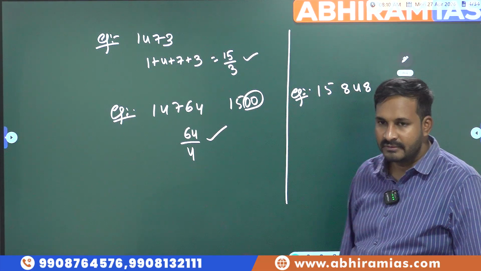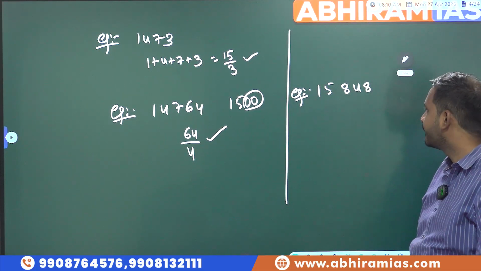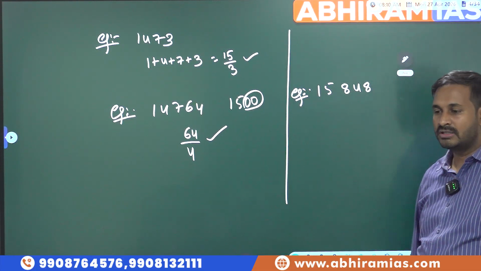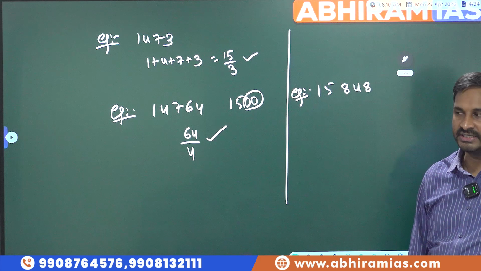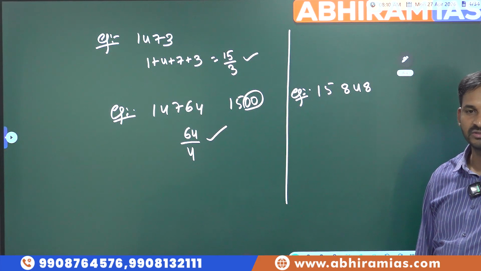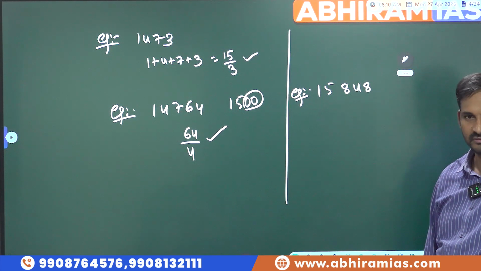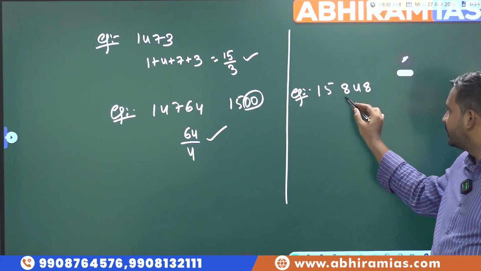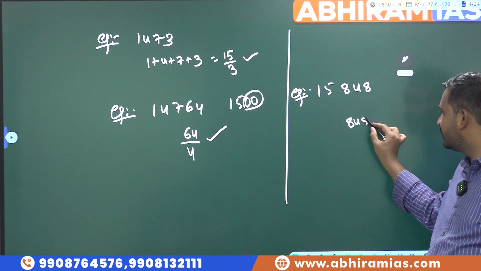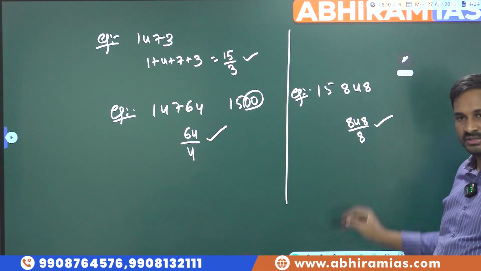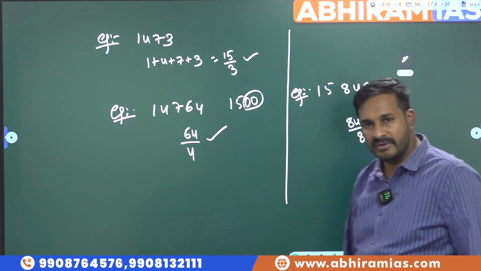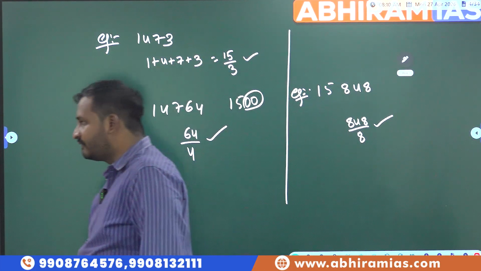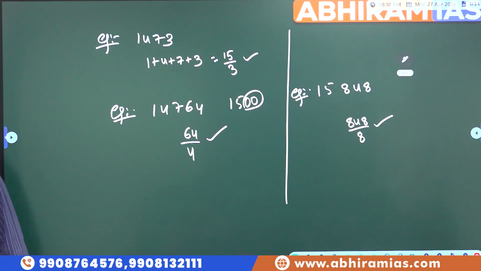If the last 3 digits are zeros, then also it is divisible by 8. Example: the last 3 digits are 848. Please check whether 848 is divisible by 8 or not. Yes, it is divisible. Then the given number is also divisible by 8.